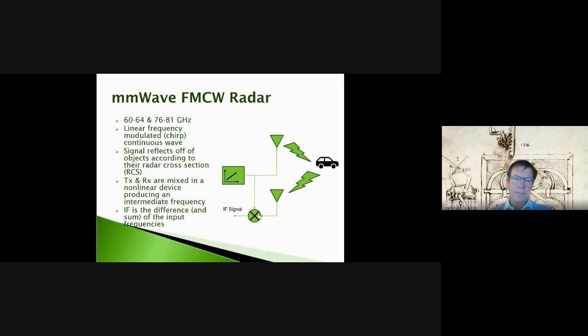And if you haven't had communication systems or an RF course, microwave course, maybe you haven't seen this yet, but a non-linear device is going to take this cosine and multiply it by that cosine, or maybe it's a cosine plus j sine if it's complex, and a cosine plus j sine there.